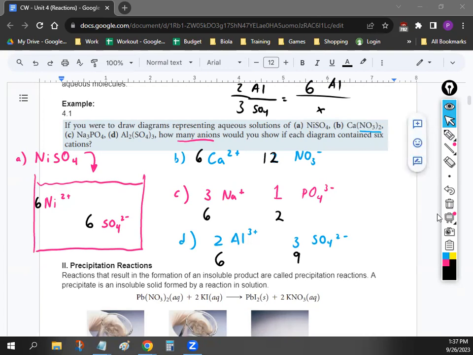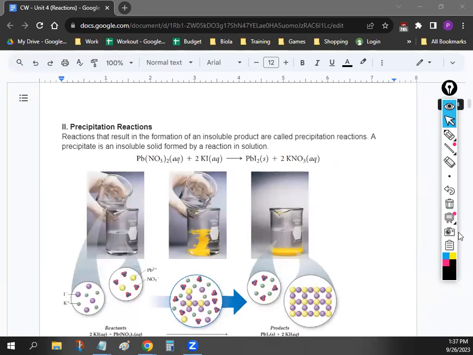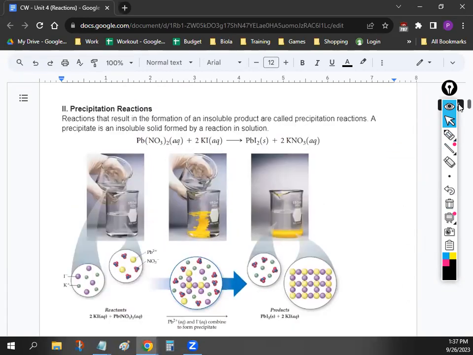All right, let's move on to the next one. When we are reacting different electrolytes, for example, we have Pb(NO3)2 and we have KI. These are both electrolytes, two ionic compounds.